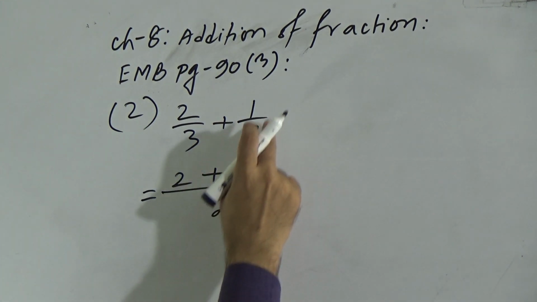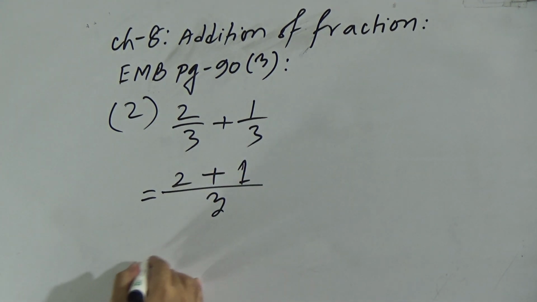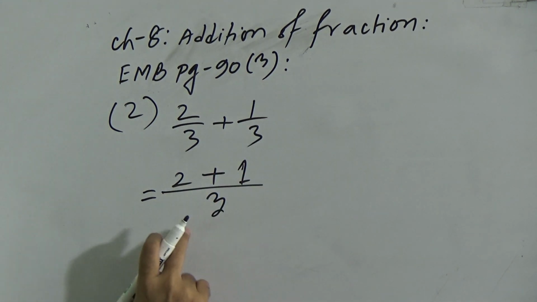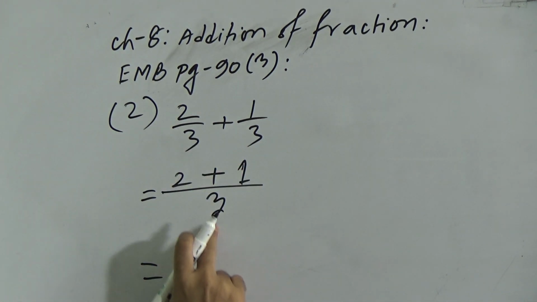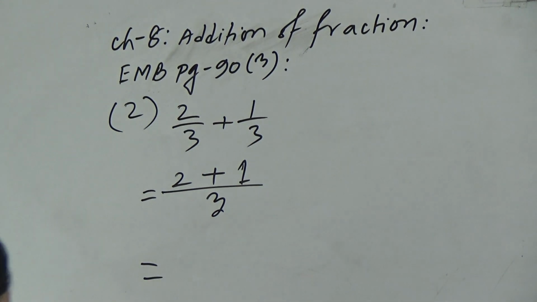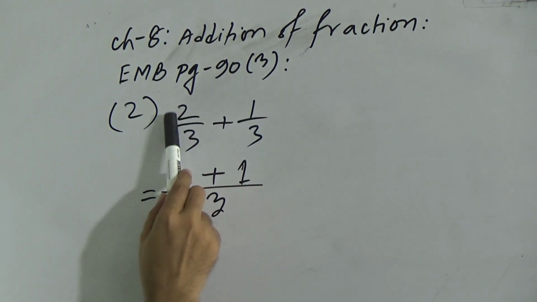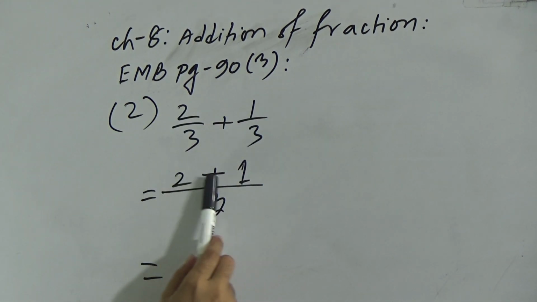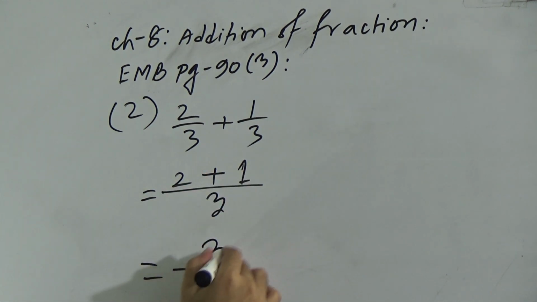And numerator of second fraction is 1, so you have to write 1. Dear students, remember the technique again. If the denominators are same, you will write the denominator here and then you have to add the numerators. It means that 2 plus 1. Now if you add 2 and 1, you will get 3.